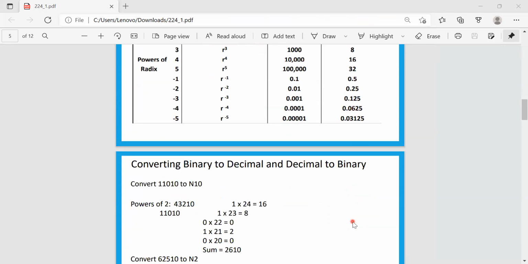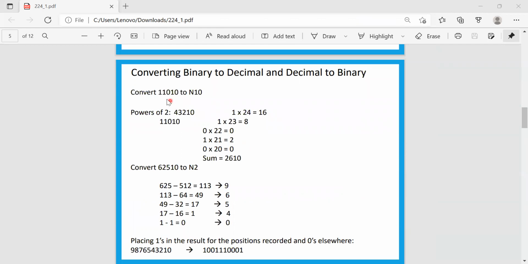Suppose we want to convert this binary number into decimal. We can find it using this: 1 times 2 to the 4 is 16, and we get the sum as 26 in decimal.